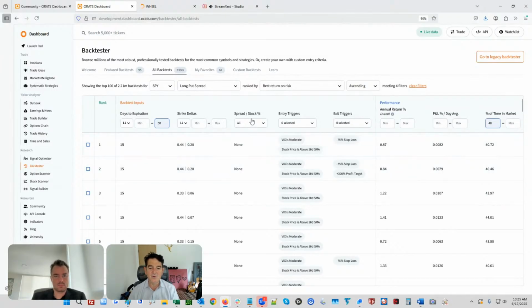So you could narrow down all the possibilities this way and see the long put spread, in this case, that you want to trade. And so that's the difference. One of the big questions that we get, Tyler, is what's the difference between the legacy backtester, a lot of detail, the custom backtester, not as much detail, but you could customize some things, and the Backtest Finder, where we've pre-run everything and you could filter them down to see which ones you want to use.